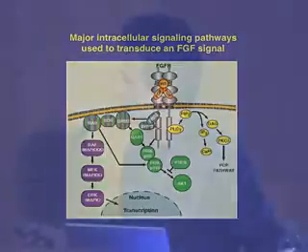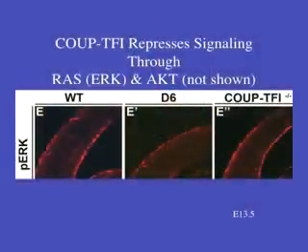We can assay whether these pathways get activated using histological measures by using antibodies to phosphorylated ERK kinase or phosphorylated AKT substrates. And I'll just show you what happens when you measure phosphorylated ERK. So phosphorylated ERK is shown here in these little red dots that line the ventricle. This is in the wild type.